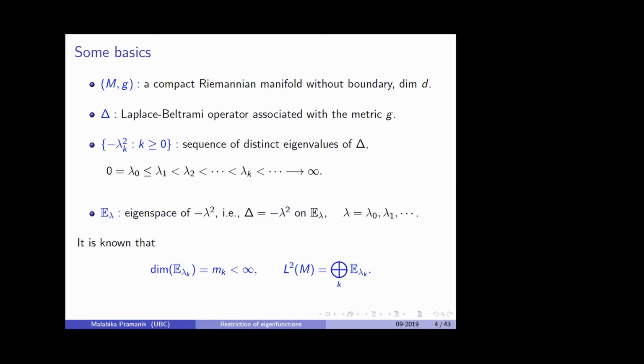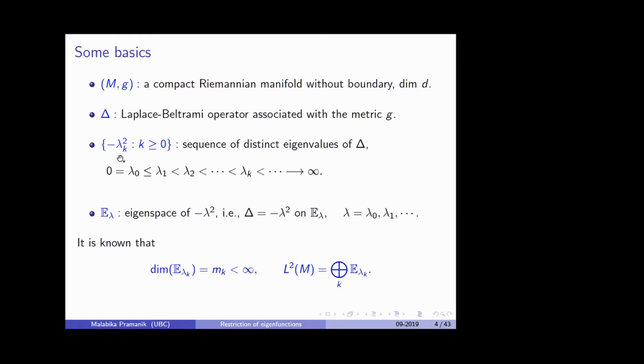The Lebesgue spaces on M, which we denote by L^p of M, are defined using this natural measure. The Laplace-Beltrami operator, capital Delta on M, is a second-order elliptic partial differential operator defined by the composition of two linear operators, divergence of the gradient.